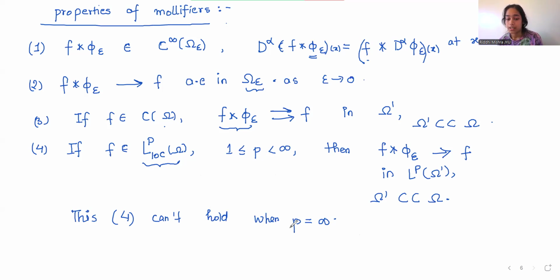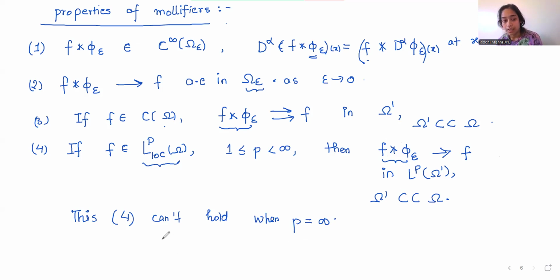L infinity contains a lot of discontinuous functions. If you are converging locally in the L infinity sense, then you actually have uniform convergence, and uniform convergence of continuous functions transfers continuity to the limit.